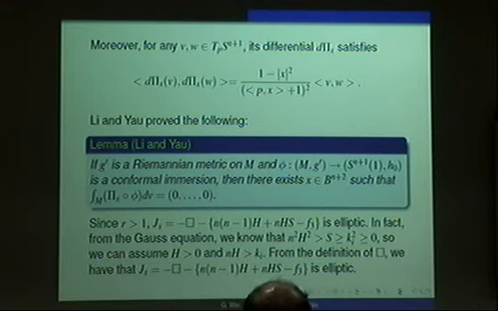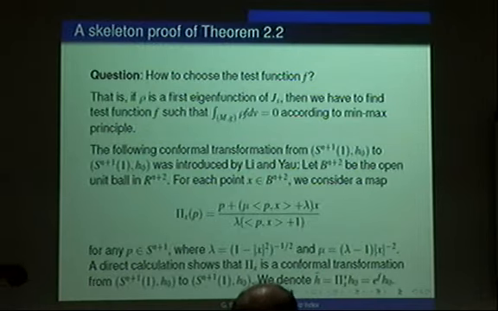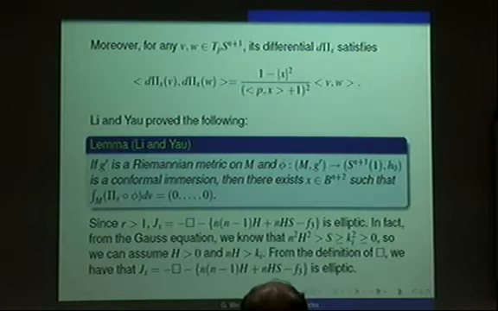If g is a Riemannian metric on M and phi from M to the unit sphere is a conformal embedding, where conformal embedding means that the pullback metric is this one, then there exists a point x in the open unit ball such that the integral of this term is equal to 0.